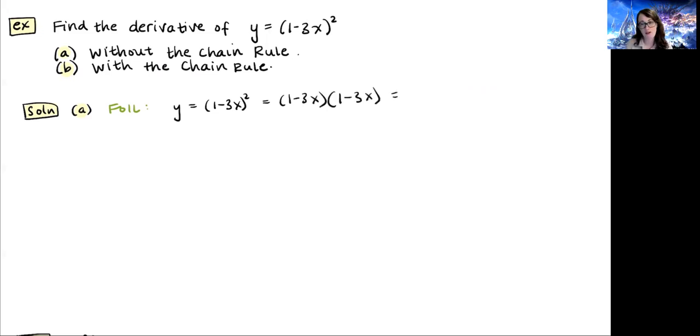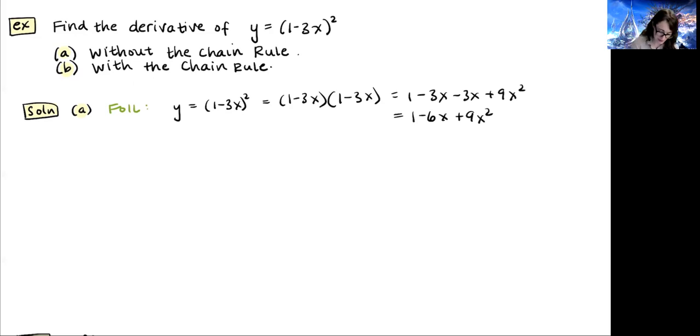When we FOIL that out, we get 1 times 1, which is 1. We've got 1 times negative 3x, which is negative 3x. Then negative 3x times 1, which is negative 3x again. And then negative 3x times negative 3x, that's positive 9x squared. Combining like terms, we've got 1 minus 6x plus 9x squared.